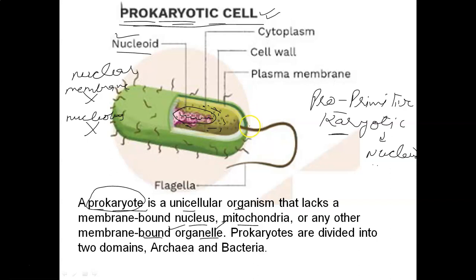In eukaryotic and prokaryotic ribosomes, there is a difference. So prokaryotic type of ribosomes are present. Plasma membrane is there, cytoplasm is there. Of course, the prokaryotic cell has a cell wall also, and the cell wall structure is different from the eukaryotic cell.